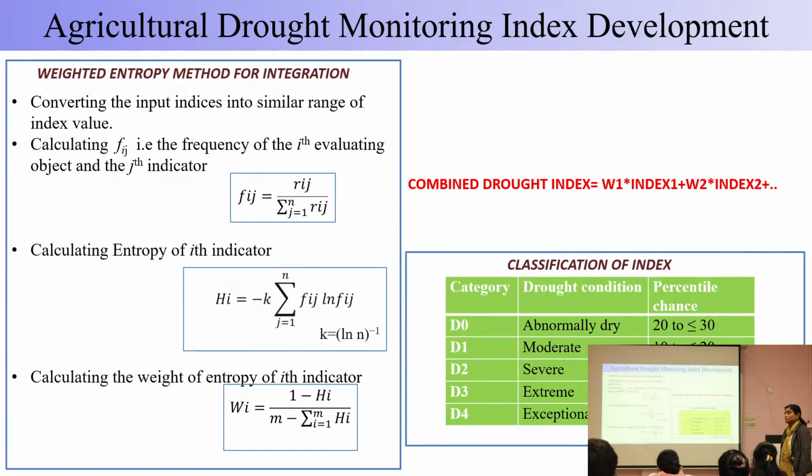Weighted entropy approach means, depending on the data, that I have three indicators now, and the contribution of these 3 indicators towards the final index depends on how much variability there is in each indicator. So it's a mathematical analysis.